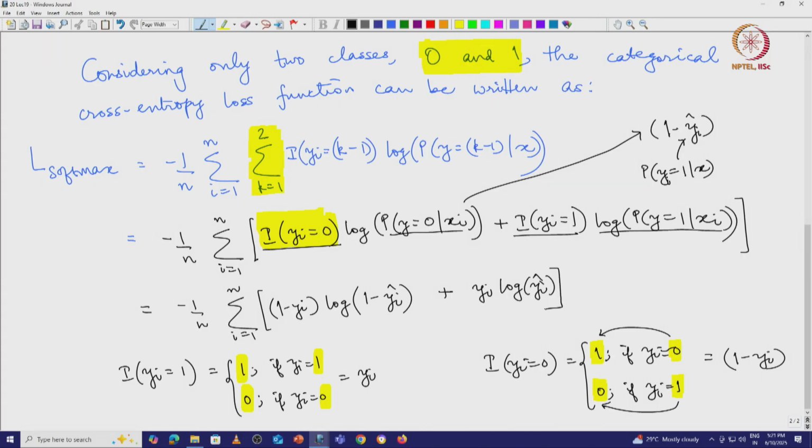So essentially what we have done here is we have simplified the softmax loss function to be equal to this expression, right, when you have only two classes.